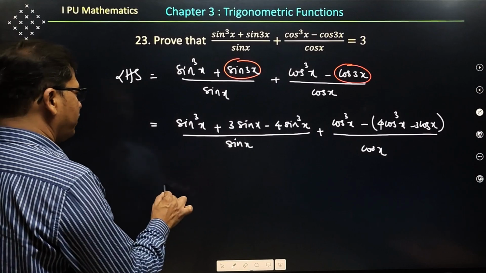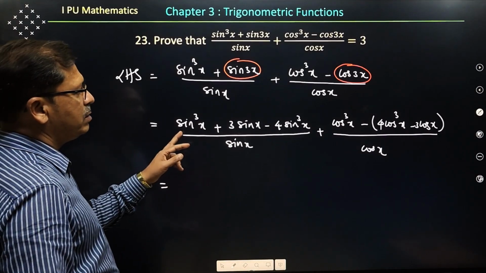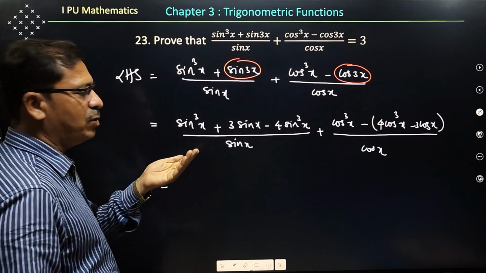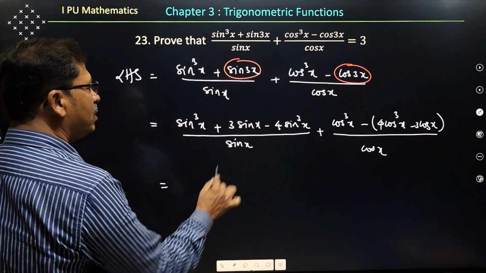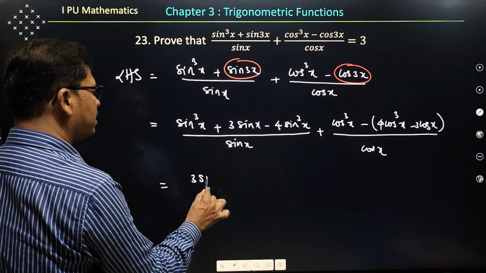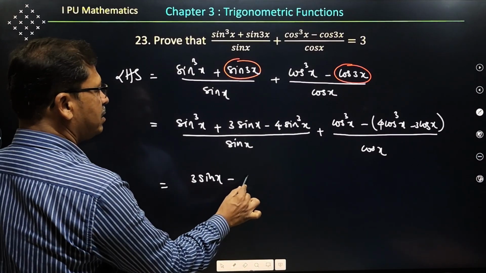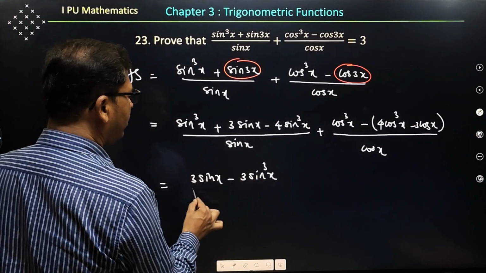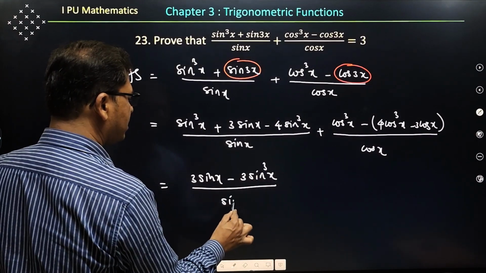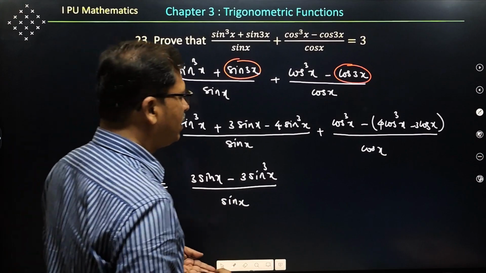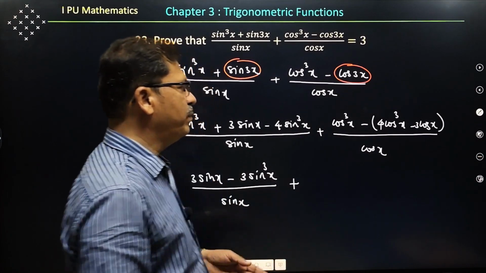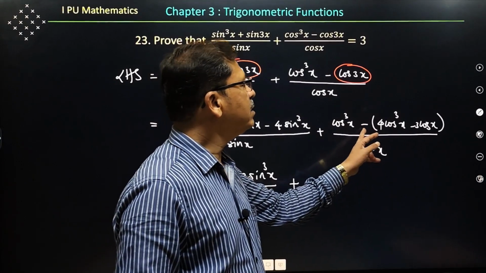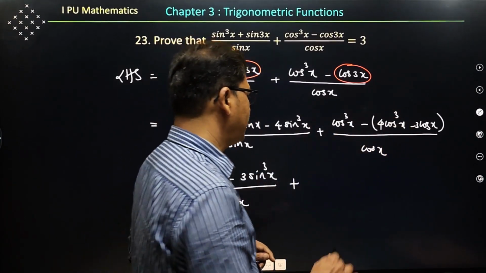See students, sin cube x minus 4 sin cube x, you are getting minus 3 sin cube x here. So I would like to write 3 sin x minus 3 sin cube x divided by sin x. Next, minus into minus is plus 3 cos x.